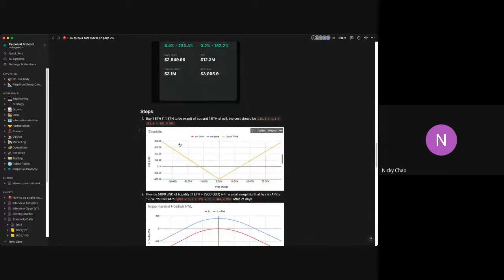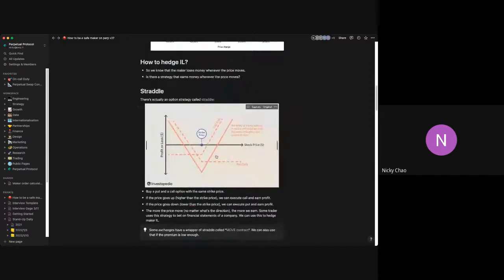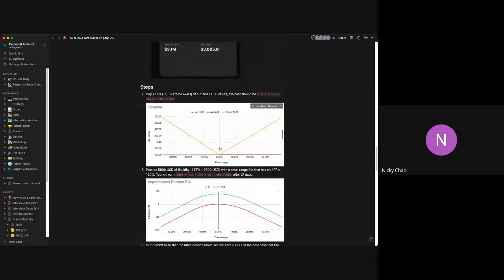And the straddle chart looks like this. You can see that this chart is basically the same as this one. If the price doesn't move, you will lose all your premium, which is around $400. And when the price goes up, you will start to make some profit.